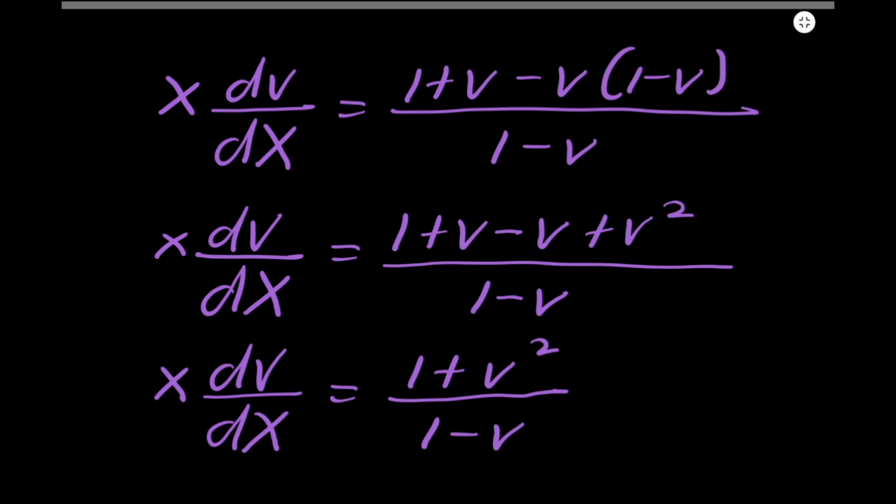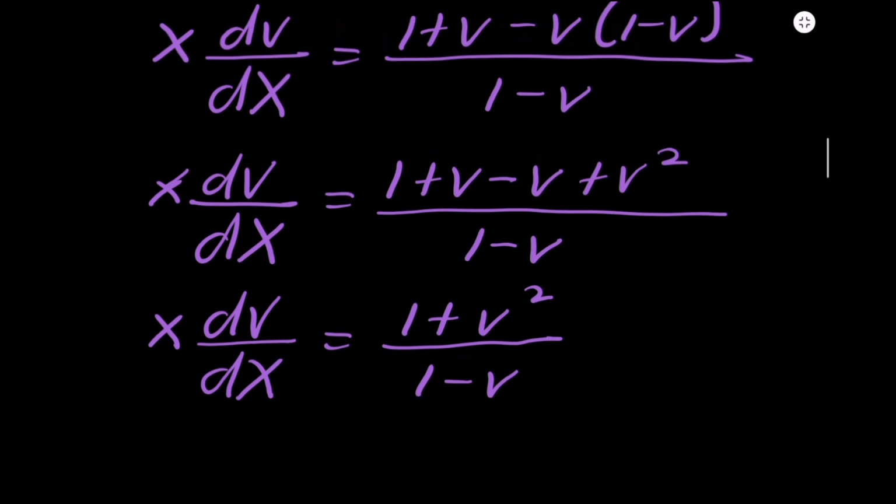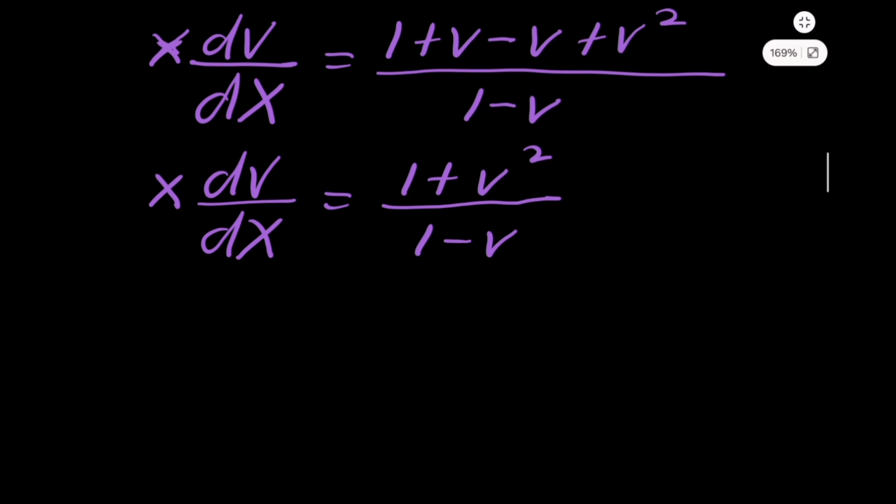Now, we can separate the variables. So in this case, we can now use the separation of variables. So we have (1 - v). Just interchange this X and then this (1 - v), right?